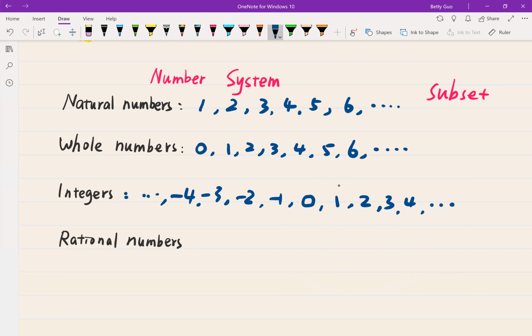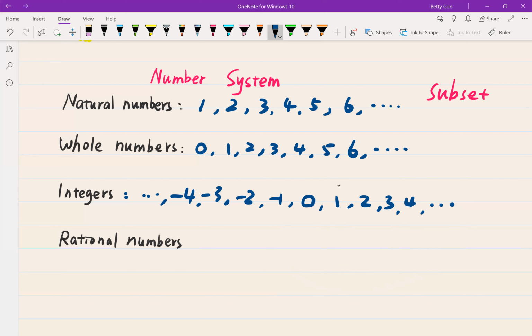Also, the opposites of those whole numbers. So integers include 0, plus minus 1, plus minus 2, plus minus 3, plus minus 4. So you might already see that whole number set is a subset of the set of integers, because all the whole numbers are members of integers.